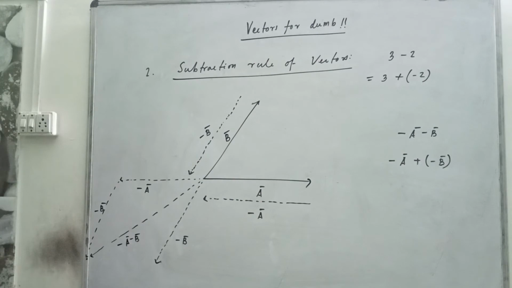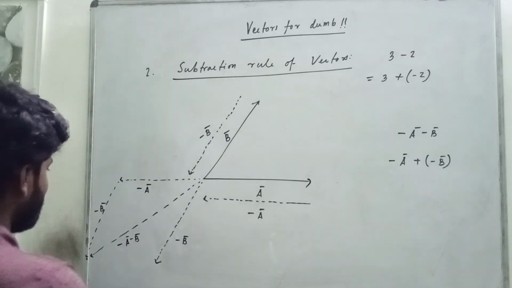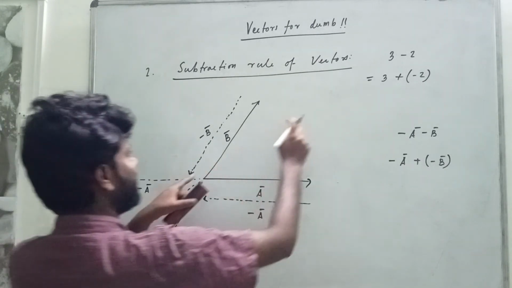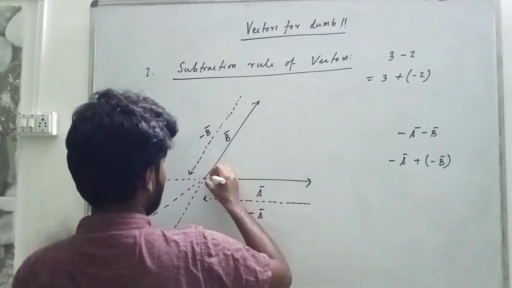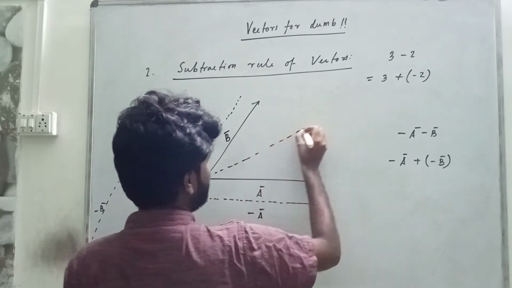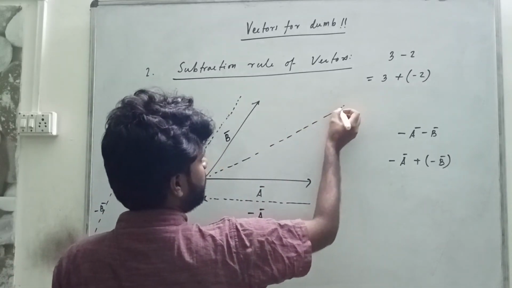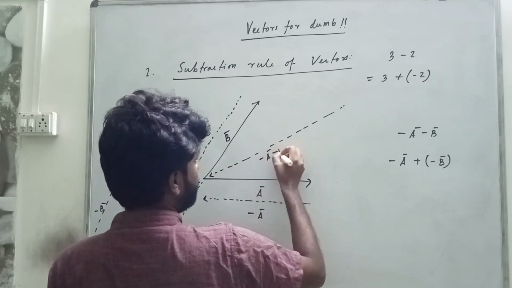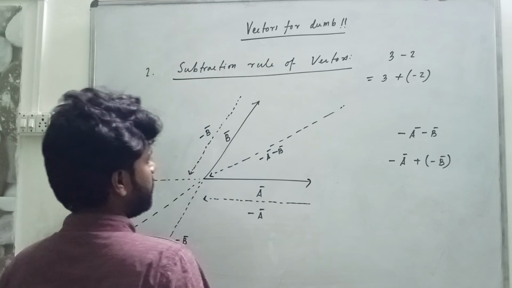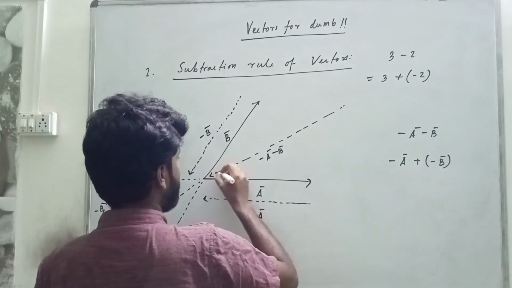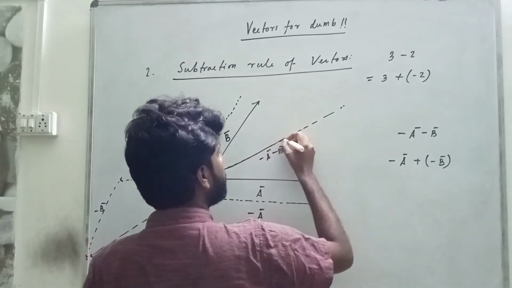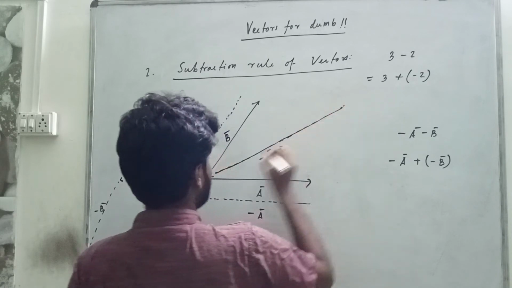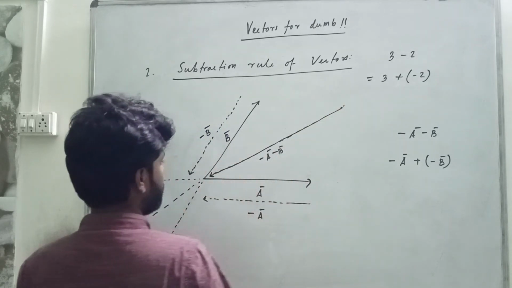Yeah, so it is our minus a minus b. Okay, and if you transform it from here to there, it will be a very crucial result. So it is your minus a minus b. Look at the arrow here, it is in that direction, right?